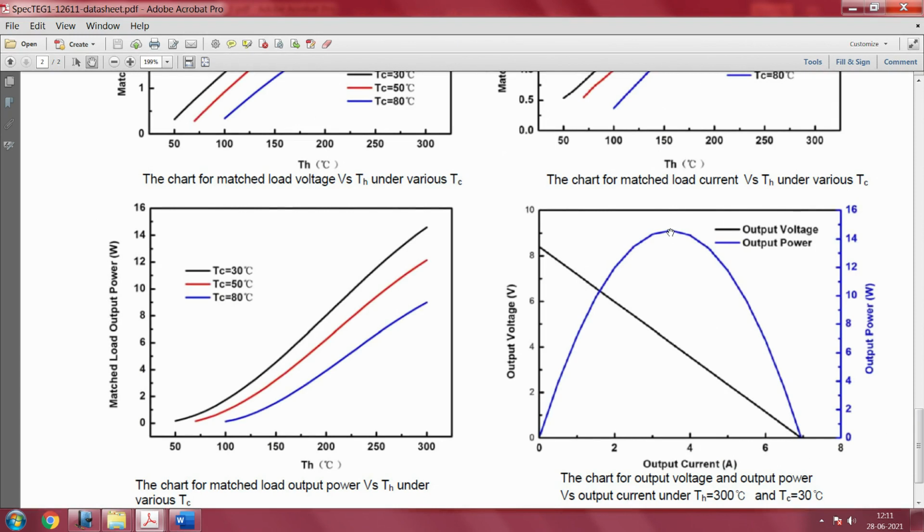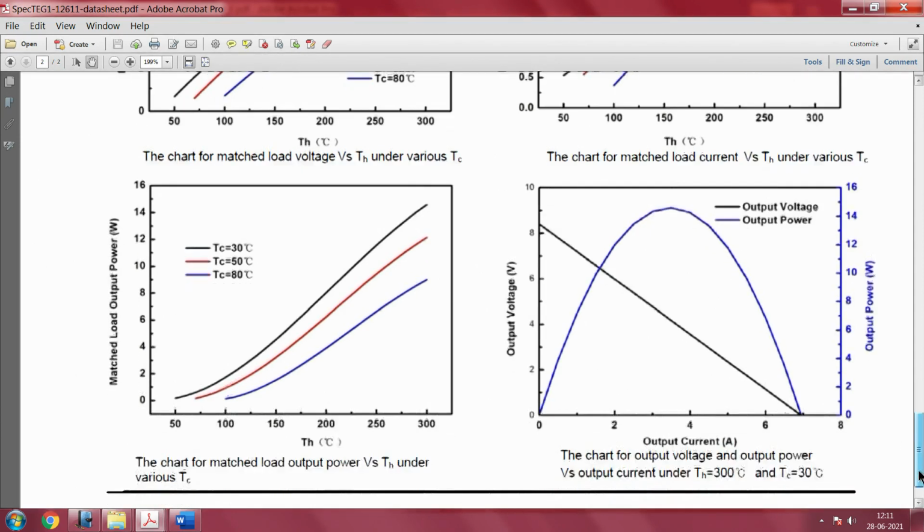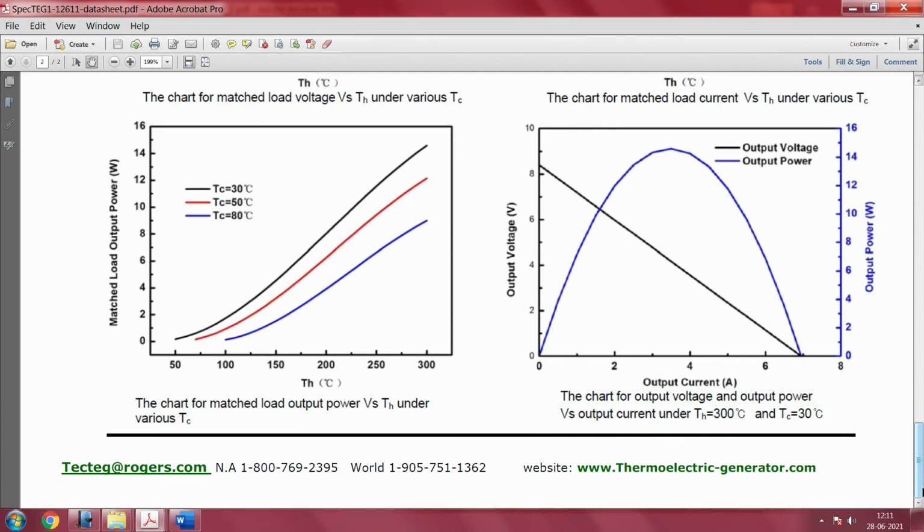This is the same way by which even solar panels behave, right. So essentially the chart for output voltage and output power versus output current under TH 300 degrees and TC 30 degrees, high side 300 and low side 30 degrees, is mentioned here.